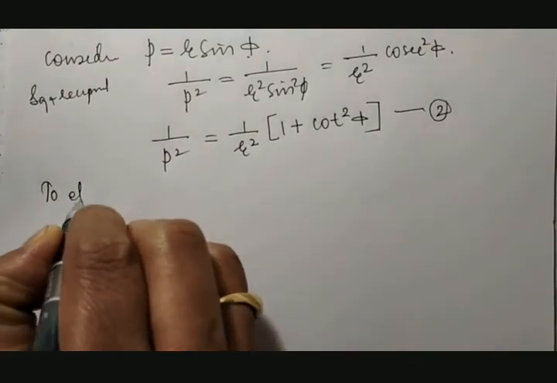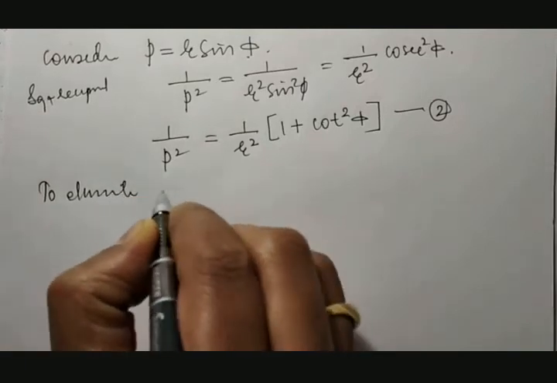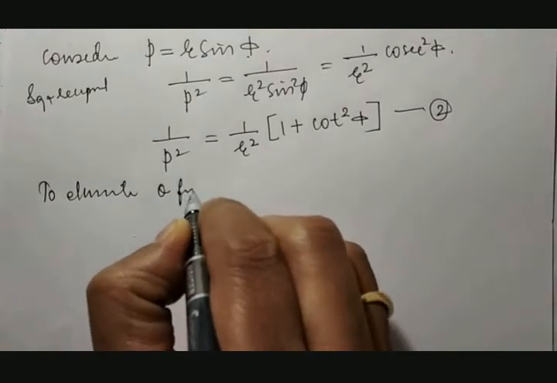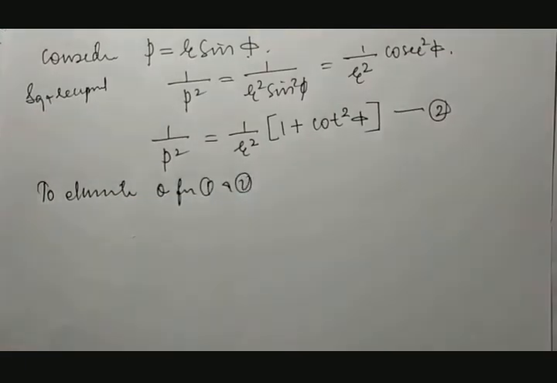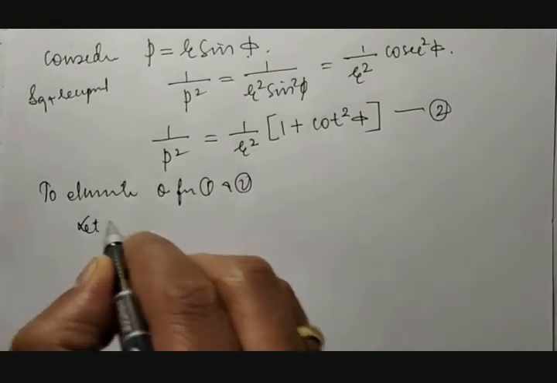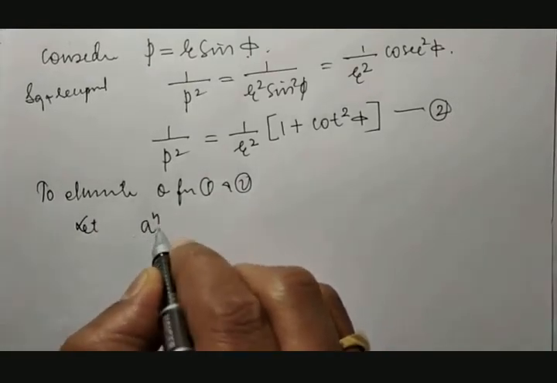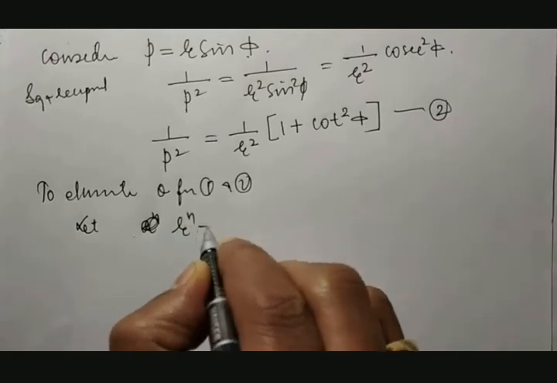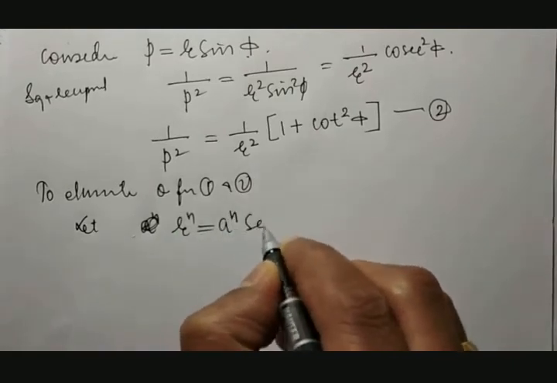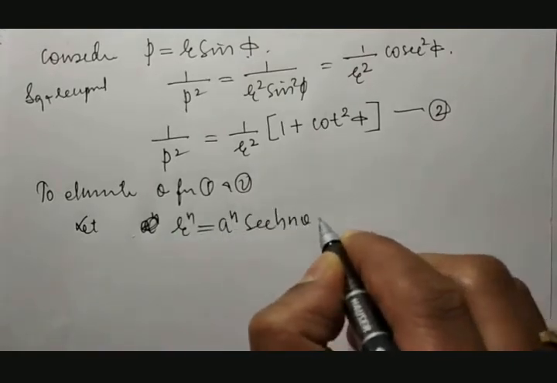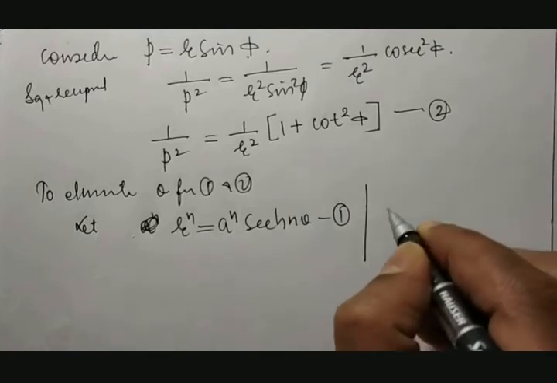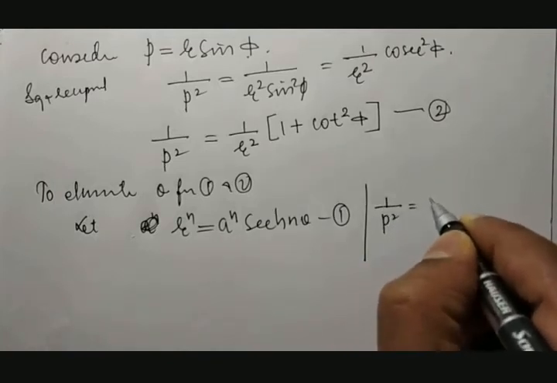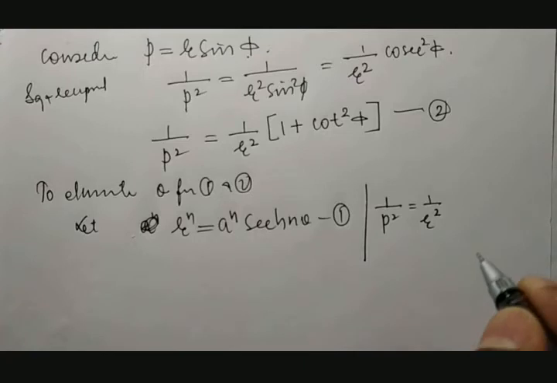To eliminate theta from equations 1 and 2, consider the values. One is r raised to n is equal to a raised to n into sech n theta as equation number 1, and second is 1 by p square is equal to 1 by r square into this. But here one thing we need to keep in mind.